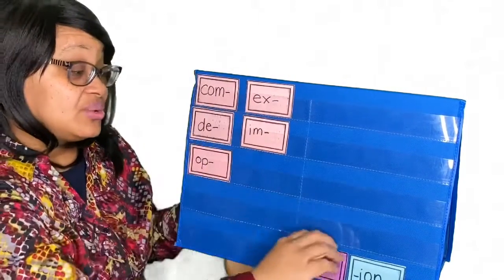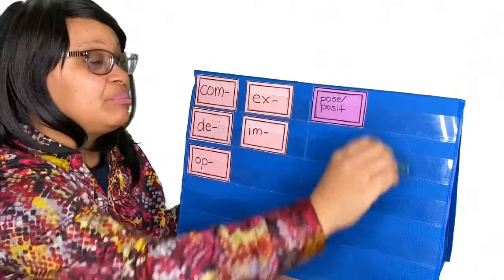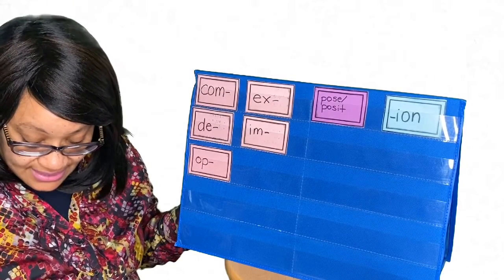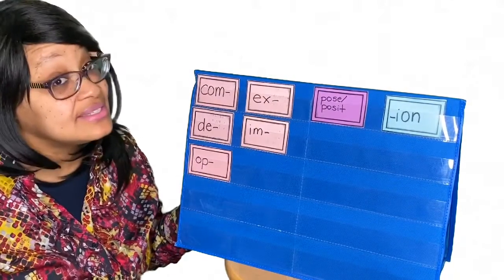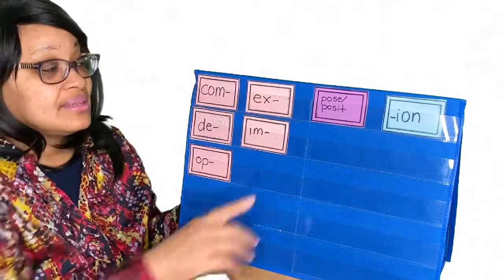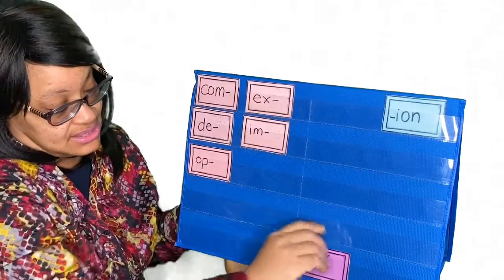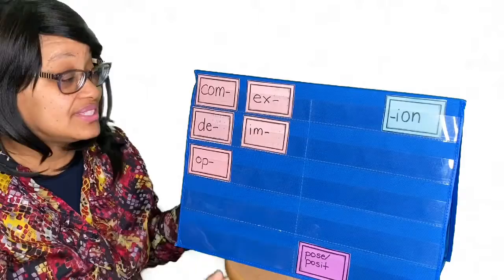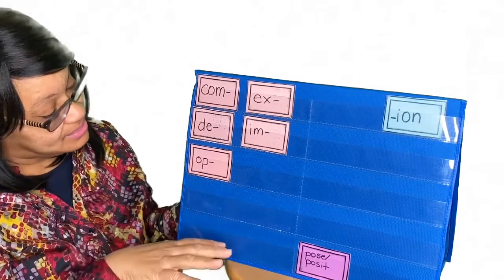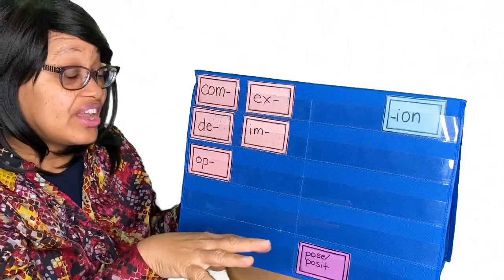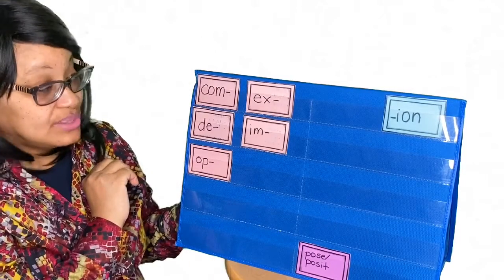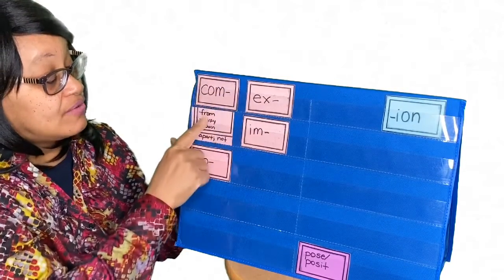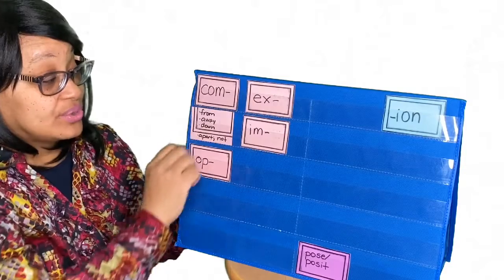Okay, now I'm going to give you a definition and you build the word. Here's our definition: to place something where it can be seen, to put in an unprotected situation. So if you're placing something, it's like you're putting it out there and it's not protected. So which one meant out? D meant from, away, down, apart, or not.